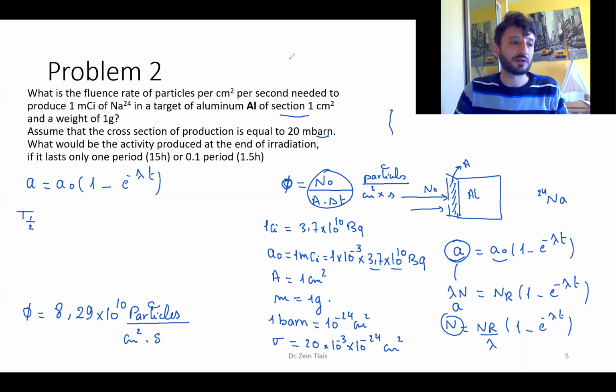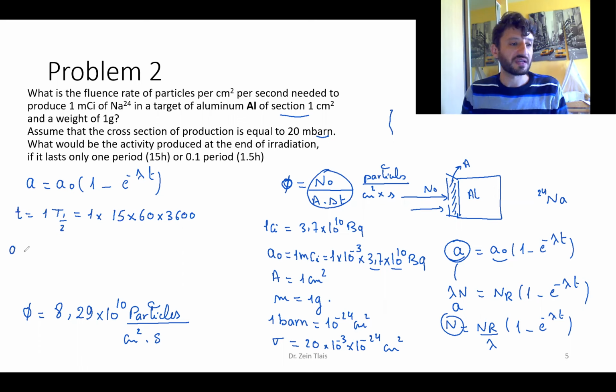So I want to calculate A, first of all, if t equals 1 period, and you know that the period equals 15 hours, equals 1 times 15, we have to put it in seconds, equals 60 times 3600 to get the answer in seconds. Okay, this is t. So we can substitute the value of t here.